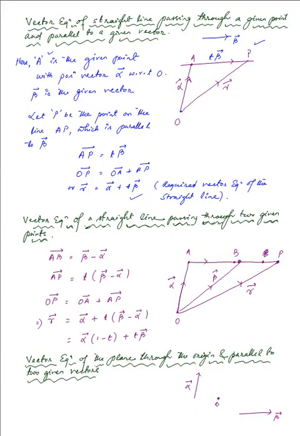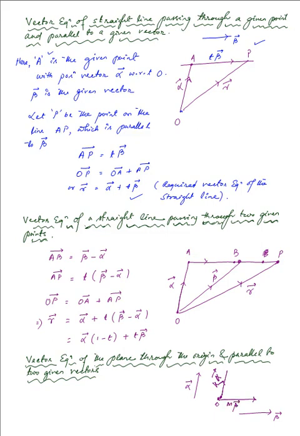So there's the origin, and we have a vector which is parallel to that alpha vector, and then we have another vector, and we have that as the magnitude. Let that be equal to some multiple of alpha, that is k times alpha, and this one is another line which is passing through the origin, and that is parallel to the beta vector, and let that be equal to m times beta.